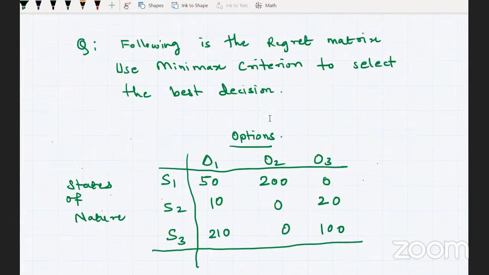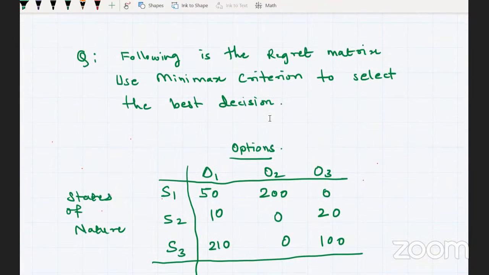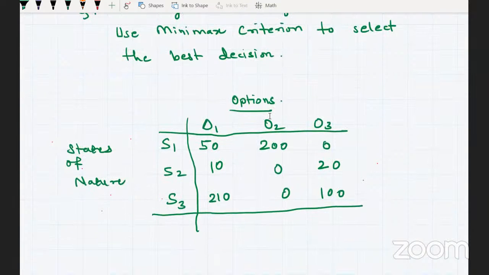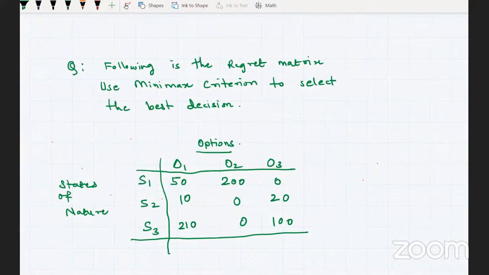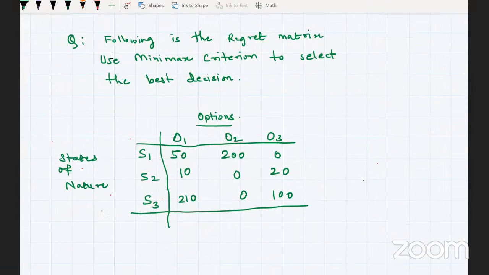Now I had taken one full lecture on the Minimax regret method. I took a full lecture, and you all learned how to find the regret table. But again, see, in 1.5 minutes it is just not possible to first find the regret table and then use the Minimax criteria.